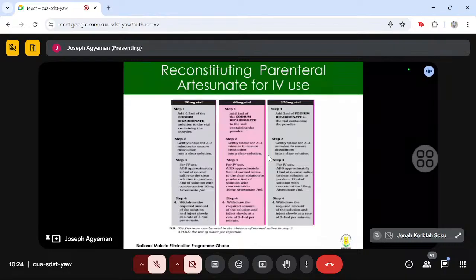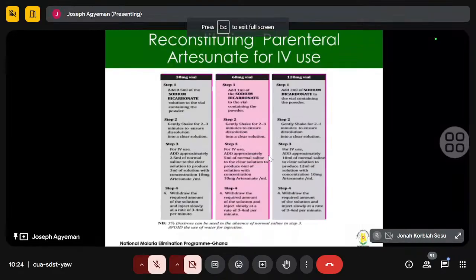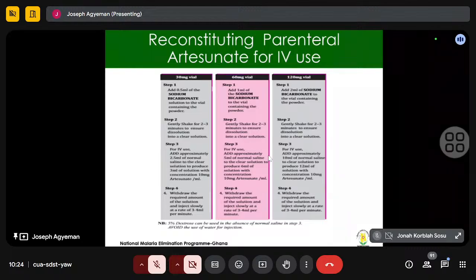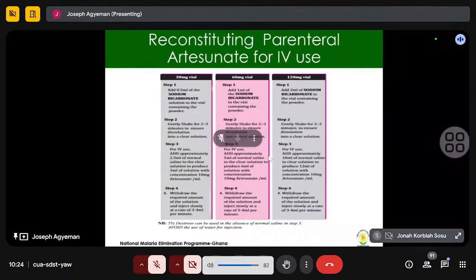It depends on the route. So per the route, we have either IM or IV. And the question is, for IV, what concentration do you prepare or advise them to prepare?